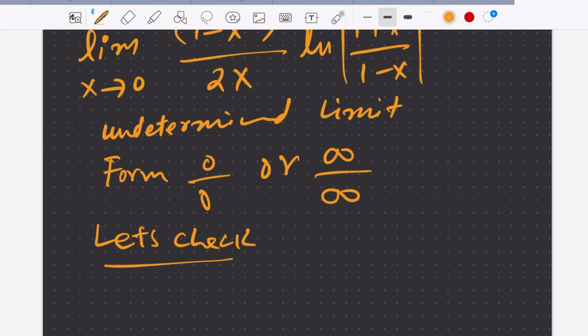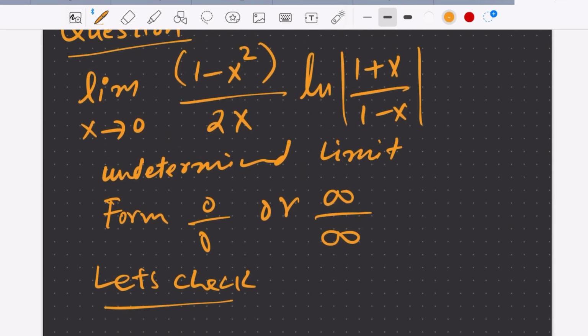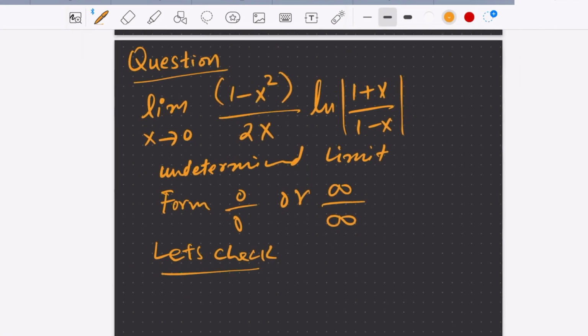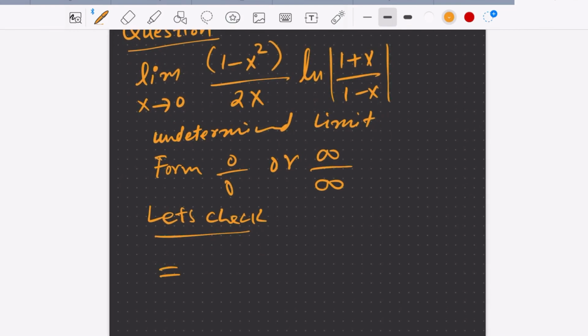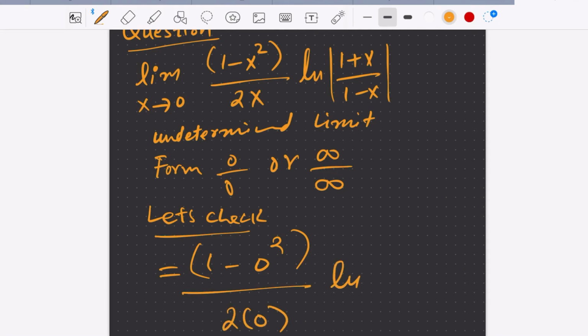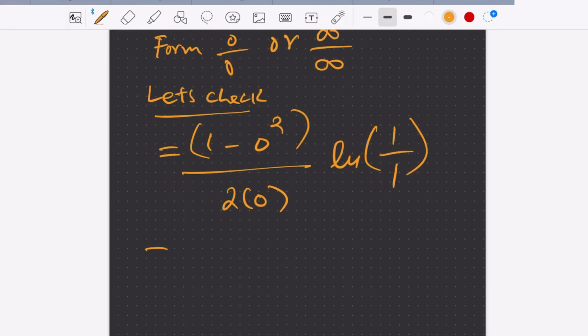So if I put the value of x equal to 0 in the above function, what does it give me? It will give me 1 minus 0 square over 2 into 0 log of 1 over 1. So 1 over 0 log of 1, and log of 1 is 0, which is 0 over 0.